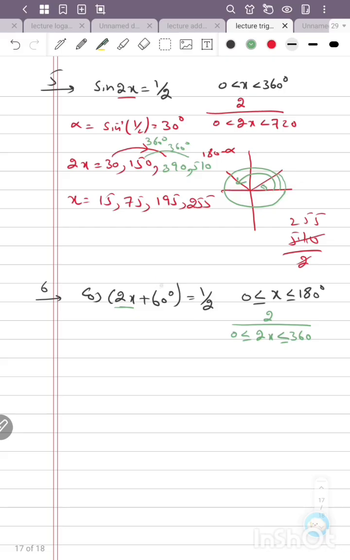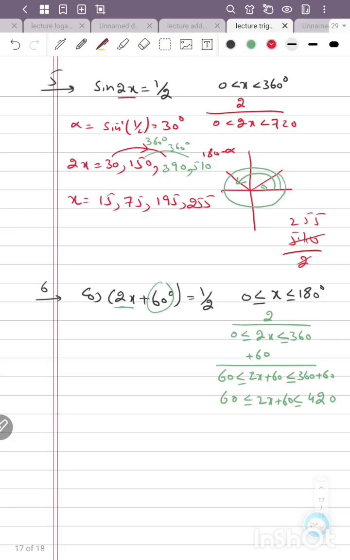Now add 60: 60 less than or equal to 2x plus 60, and here 360 plus 60 gives 420. Hopefully, dear student, you understand this level of difficulty.